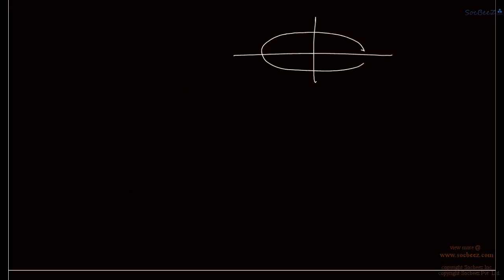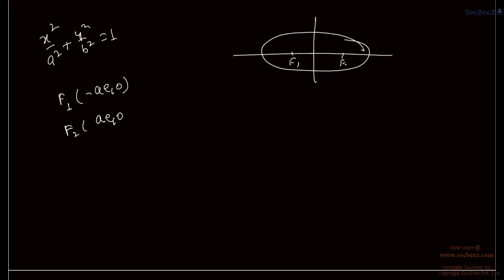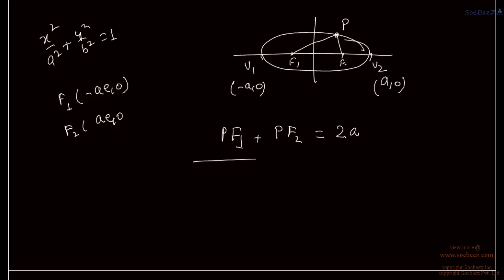So for the standard ellipse, x square upon a square plus y square upon b square is equal to 1, with foci F1 and F2 having coordinates (-a, 0) and (a, 0), and vertices V1, V2 having coordinates (-a, 0) and (a, 0). For any point P on the ellipse, PF1 plus PF2 will be equal to 2a.